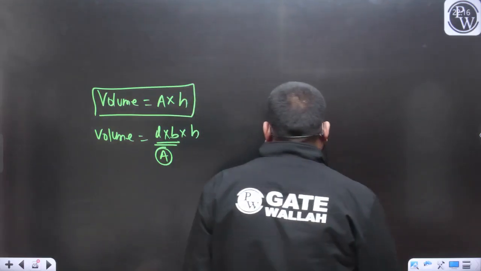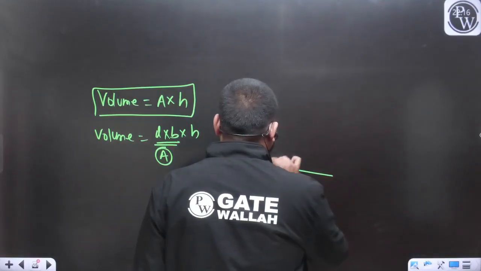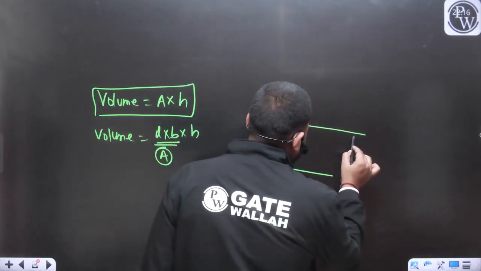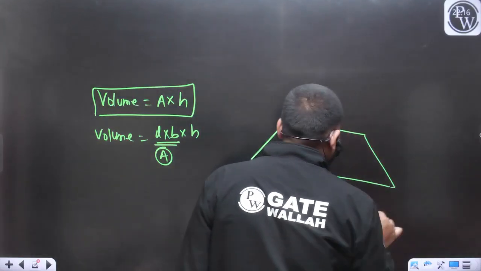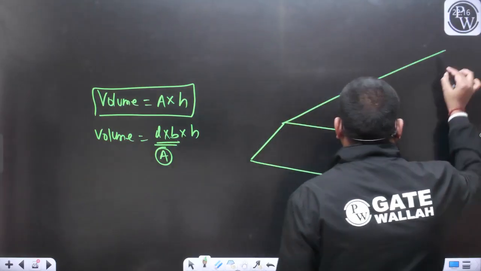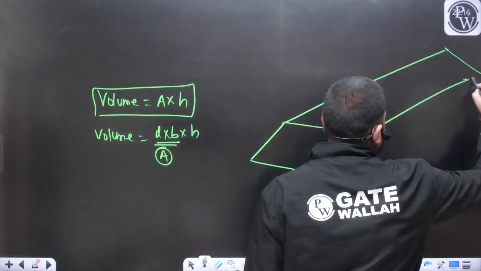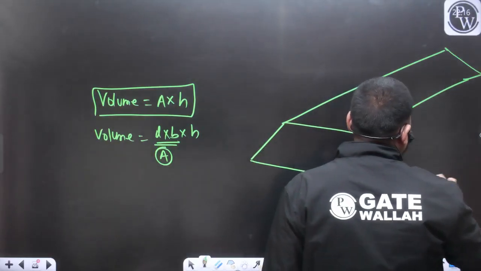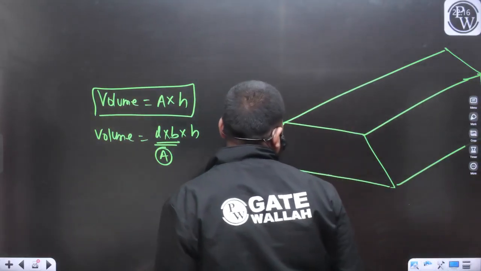Just try to visualize a 3D situation. For example, there is a body like this. You must have seen something like this, and this is known as an embankment.